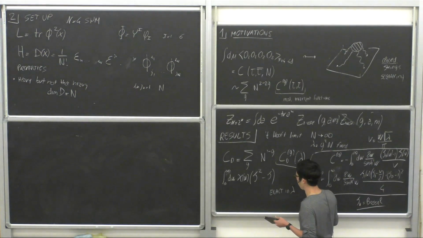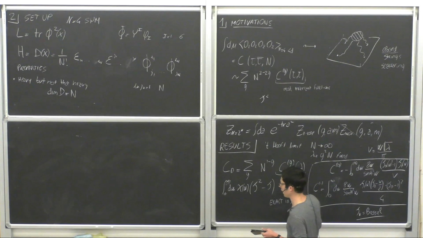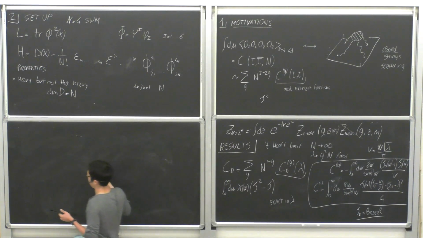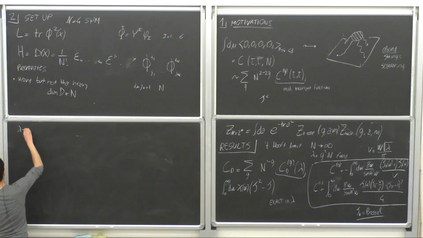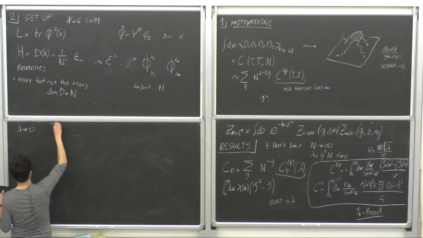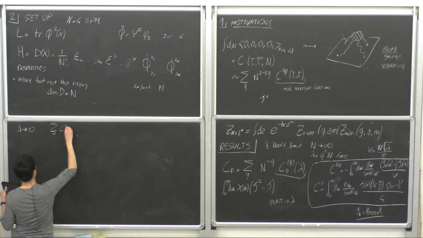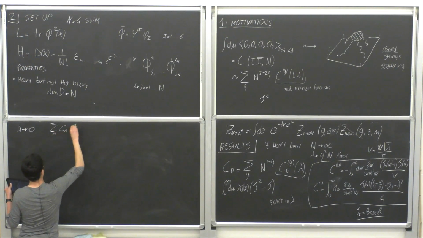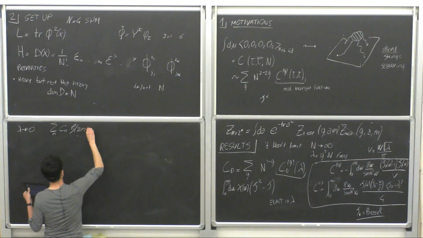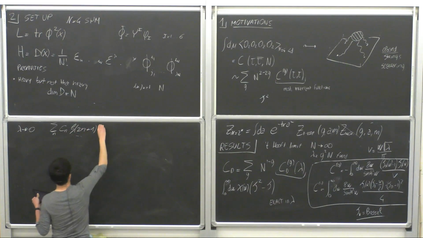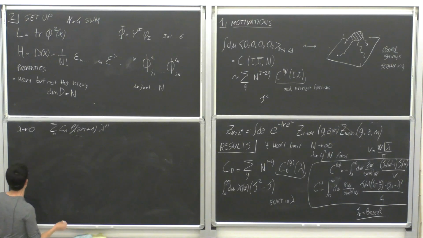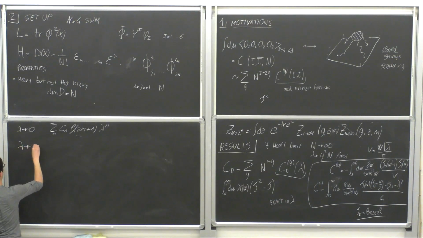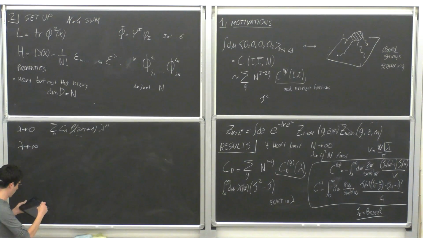And of course, the point of having this exact function in lambda allows us to consider the small coupling, lambda going to 0, and this generates the usual expansion in terms of these Riemann zeta values times lambda to the n. The more interesting part is the strong coupling expansion, which is the one that we can associate to string amplitudes.